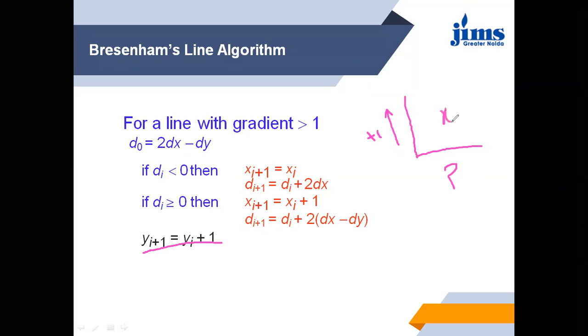Suppose the current pixel is xk, then it will be xk plus 1, or it will be xk. So it will depend on the value of di. If the value of di is less than 0, then the pixel will be the same. If the value of di is greater than or equal to 0, then there will be the next pixel that we have to draw.